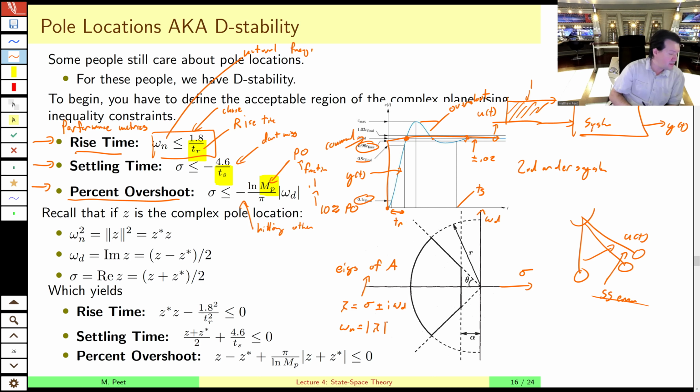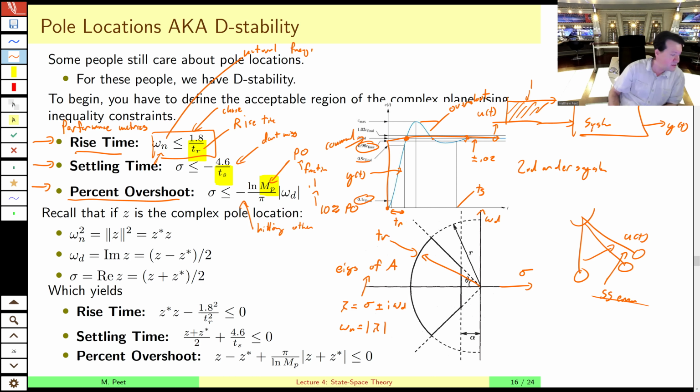So basically, the rise time gives us a constraint on the natural frequency. Typically we want a short rise time, so actually we want the natural frequency to be greater than this amount. So we want the magnitude of the eigenvalue to be greater than some particular value. So that gives us the circle. So there's a rise time constraint on the eigenvalues, which looks like a circle corresponding to the natural frequency.